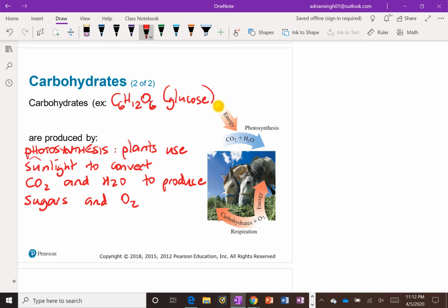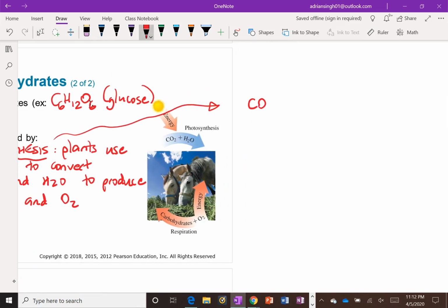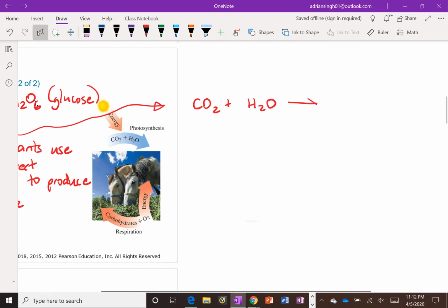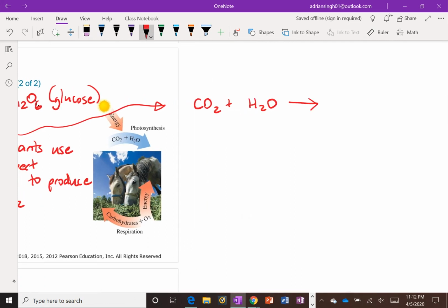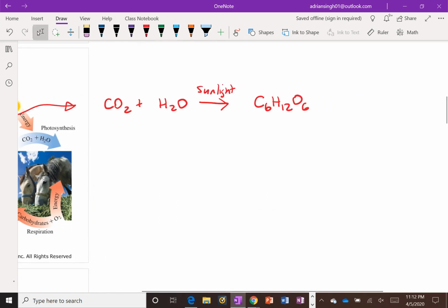So for example, in the process of photosynthesis, we can say that we have CO2 combining with H2O with the help of sunlight to make our sugar, like glucose. And then we also get oxygen as the other product in this photosynthetic process. All right, this is extremely important. And just to remind you, this is unbalanced.